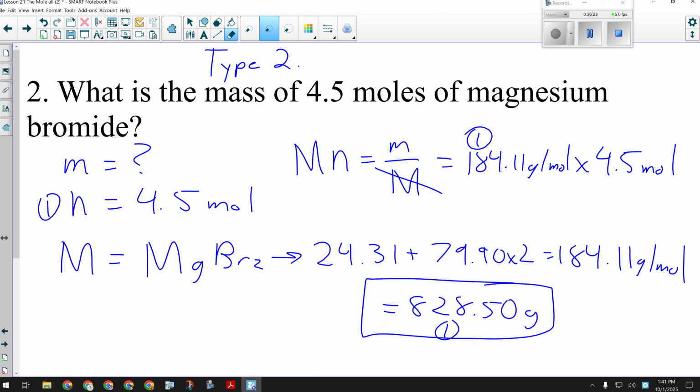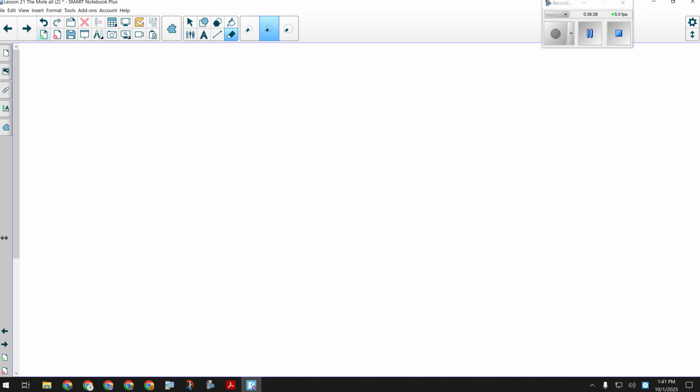Okay, so let's say that I tell you I have 2.5 moles of calcium bromide.